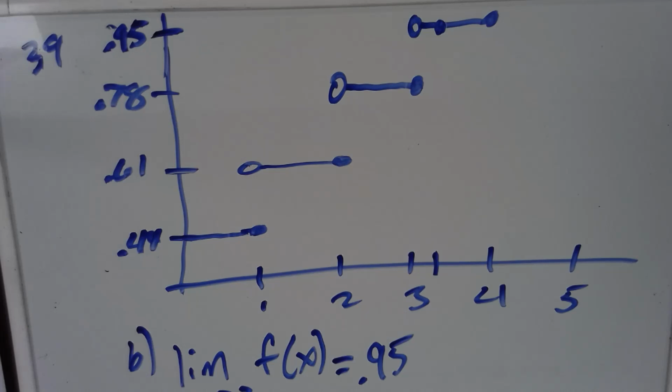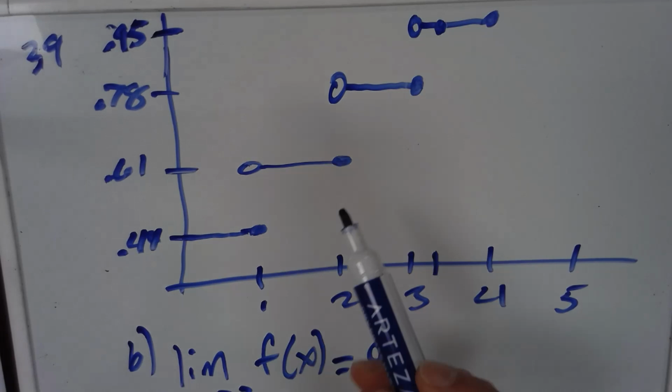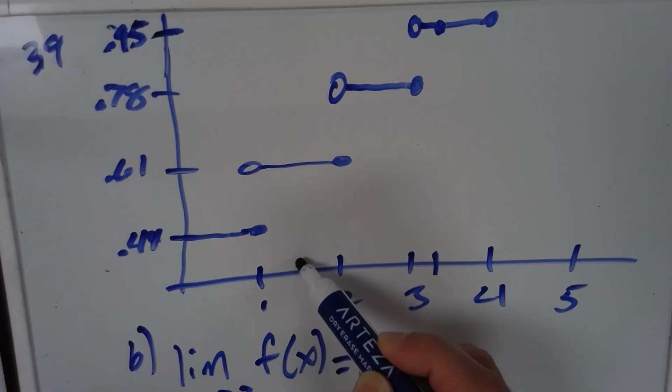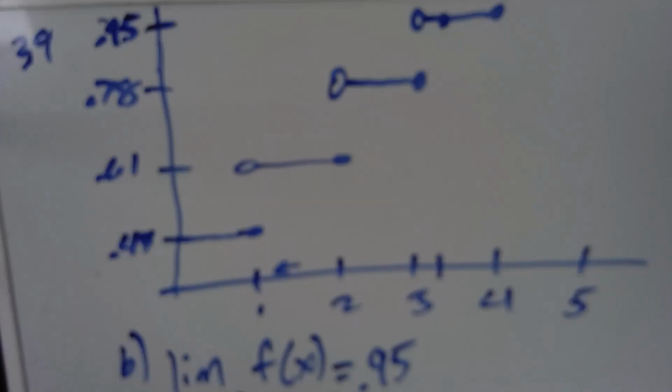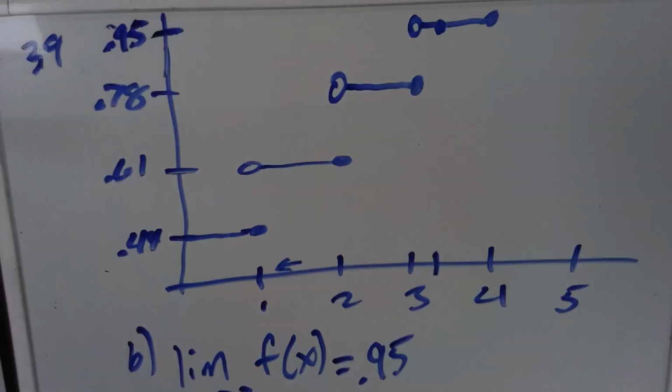All right, interpret the meaning of right and left at 1. As we're coming from the right, as we come this way, what is the limit at x equals 1 from the right? It's 0.61, right? 61 cents. We're up here, getting closer.